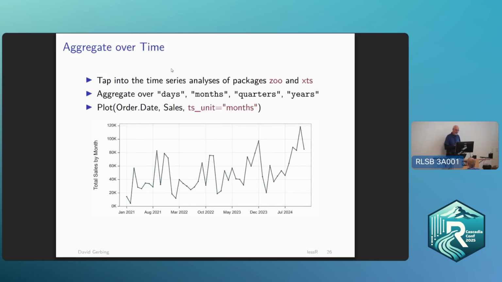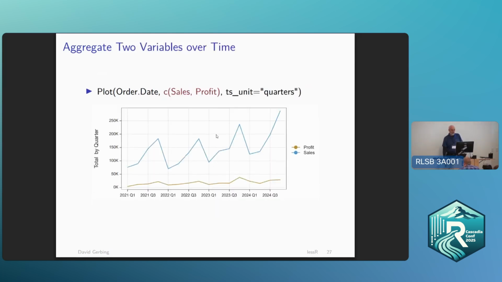So now I've accessed the packages zoo and xts, and we plot order date and sales, and aggregate by months. And then here we aggregate by quarters. And here we plot 2 separate variables on the y-axis, sales and profit, with order date.